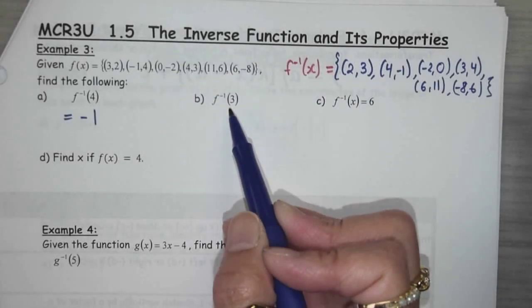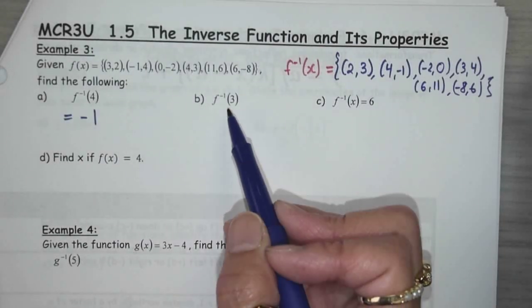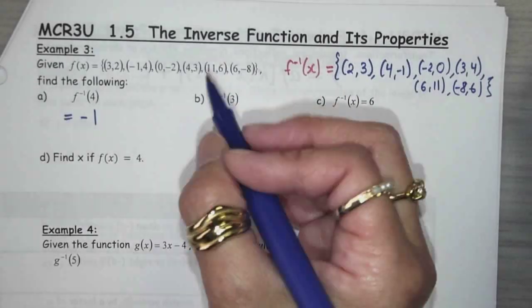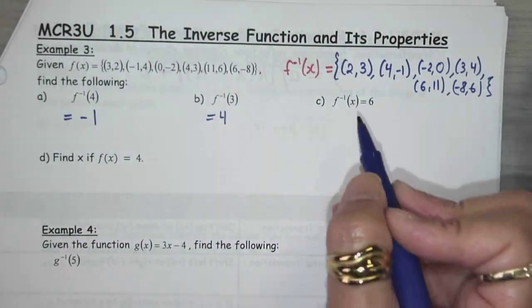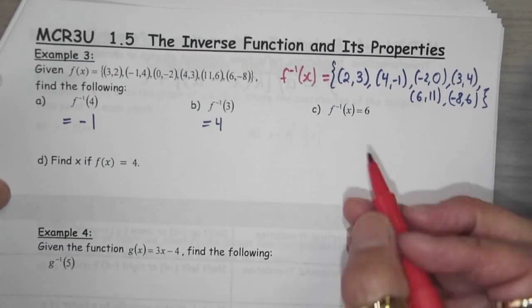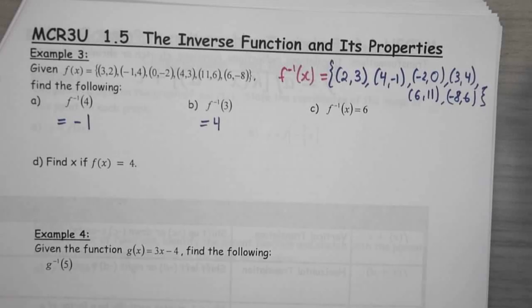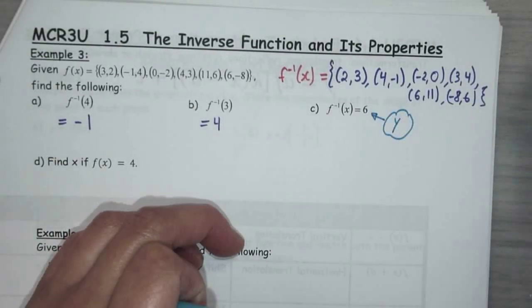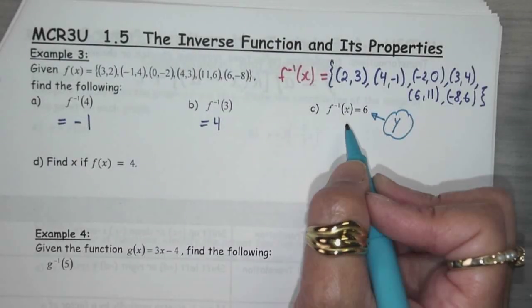So for B, we're looking for the inverse when x is 3. So the inverse when x is 3 is 4. Yay, 4. Okay. Now, I want the inverse. Remember, when it's equal to it, so this part here, that means that's actually the y value, right? So in your head, you're going, it equals to it, so that's the answer, which is the y value.